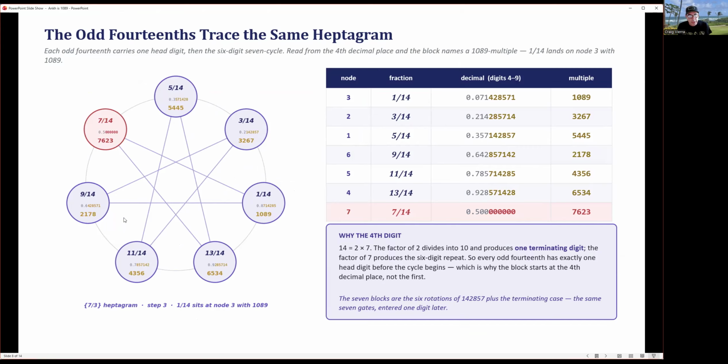I also place these back into the same scalar circle and try to figure out where they're going to fall. 1089 falls at 1/14. All right, so you're saying, okay, a bunch of numbers, heptagons, scalar circles.